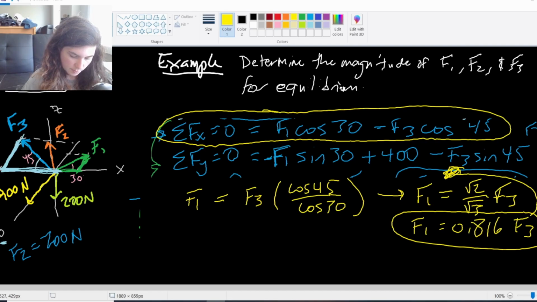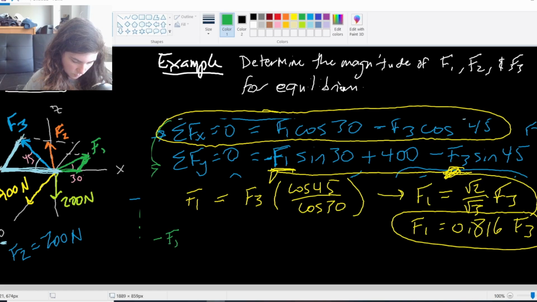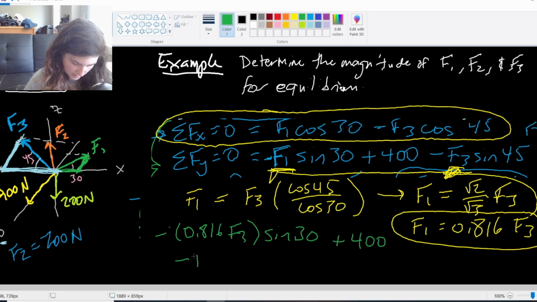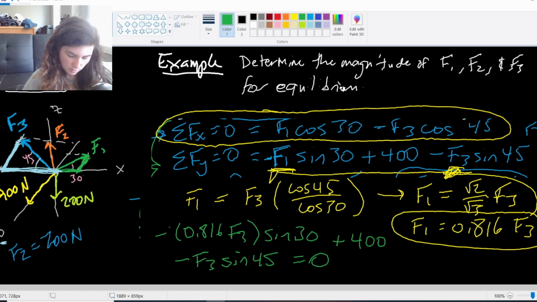So I can take this relationship and plug it into my Fy equation, sorry, into my F1 term. So negative 0.816 F3 times sine 30, plus 400, minus F3 sine 45 equals 0.